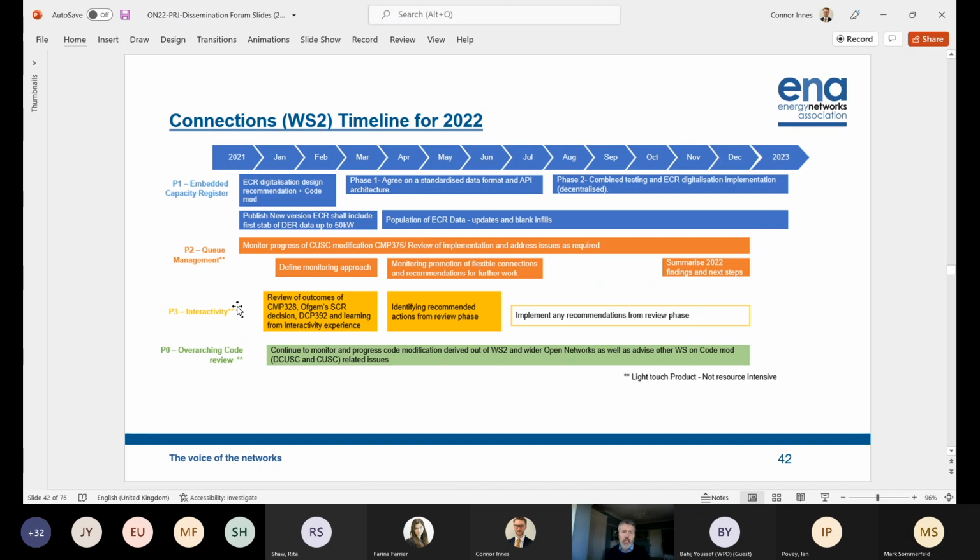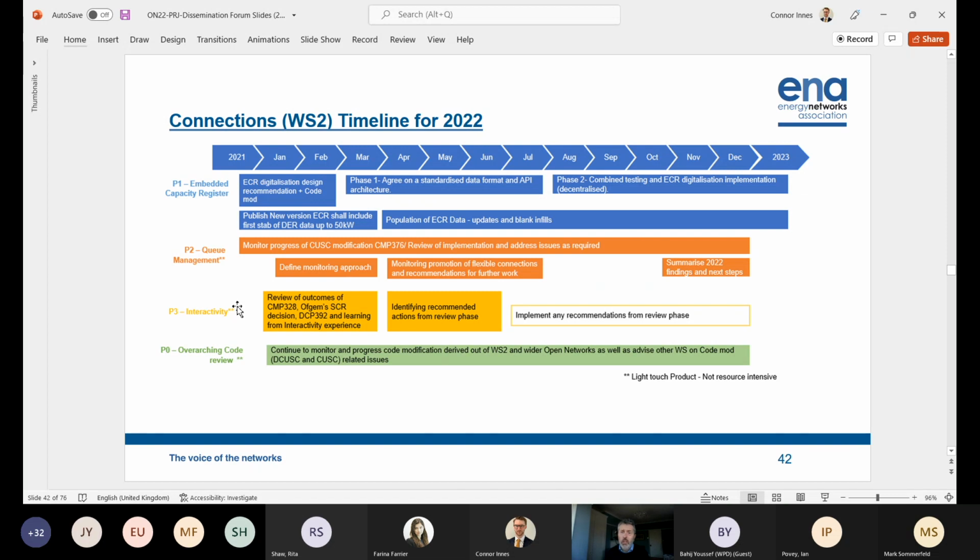And then we've got other bits going on in queue management, which is really about the tracking and continual management, continual improvement I talked about. So it's defining a monitoring approach to give transparency for what's actually going on with these milestones down at the distribution level, and how this is working out, at an anonymized level, clearly, but just what's actually happening as a result of these connection milestones.